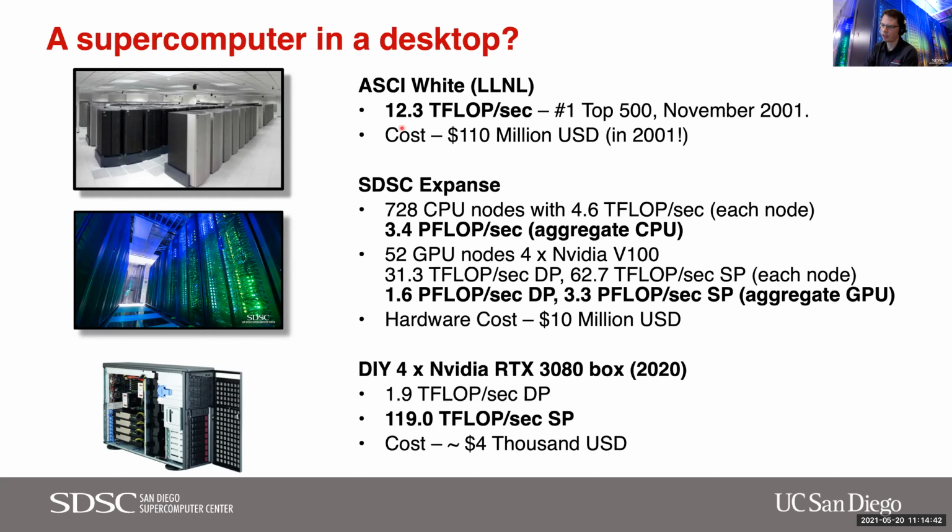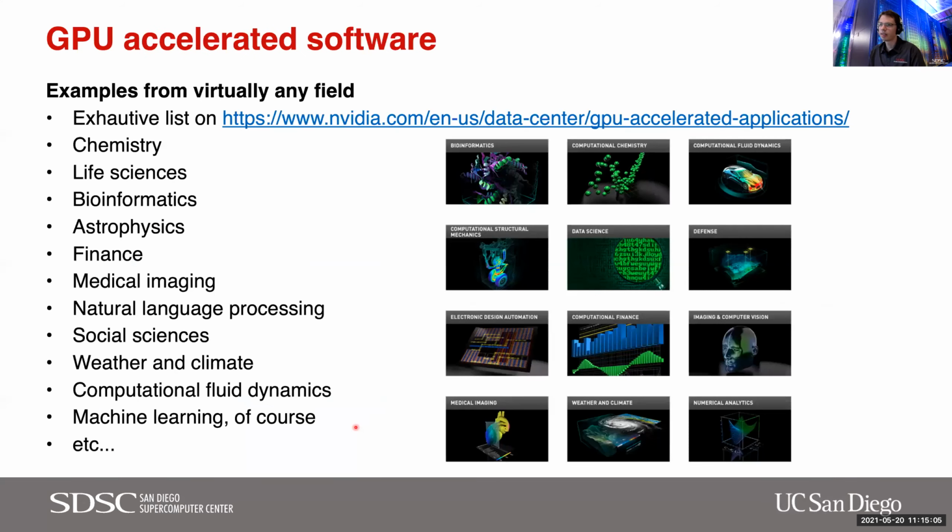So if you have an algorithm that you can implement efficiently in single precision, you can run 10 times as many simulations on this single desktop workstation as compared to that supercomputer 20 years ago. So I hope you all are going to make great scientific discoveries with all that computing power that you have at your hands.